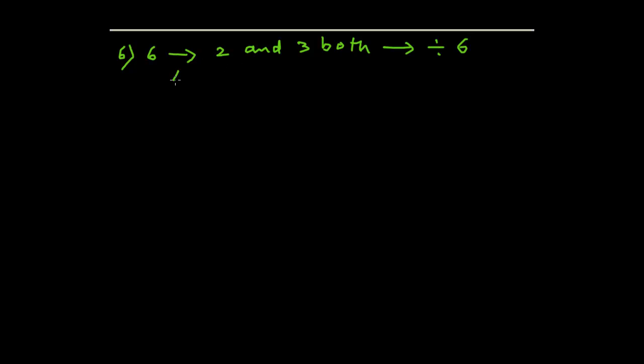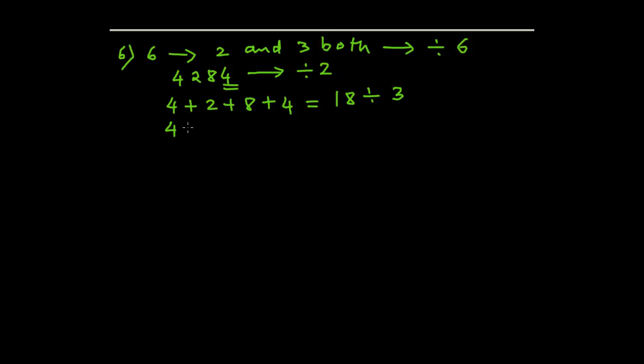For example, 4284. The unit digit is an even number, so 4284 is divisible by 2. Now for 3, we'll add all these digits: 4 plus 2 plus 8 plus 4, which is 18. 18 is divisible by 3.